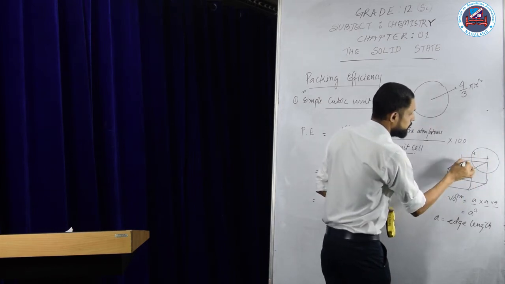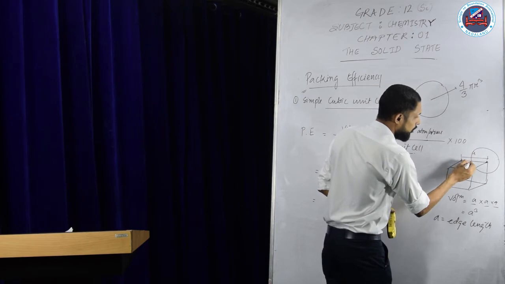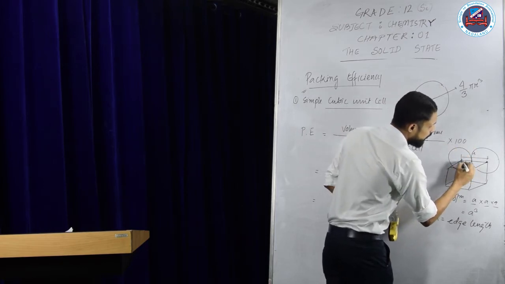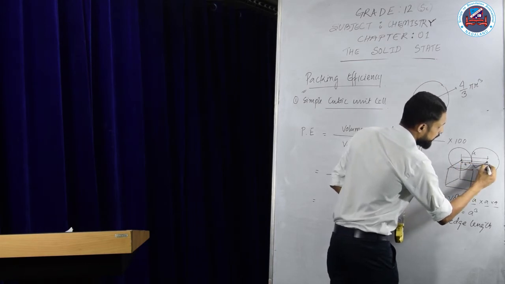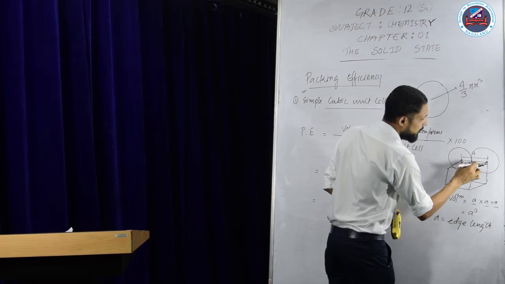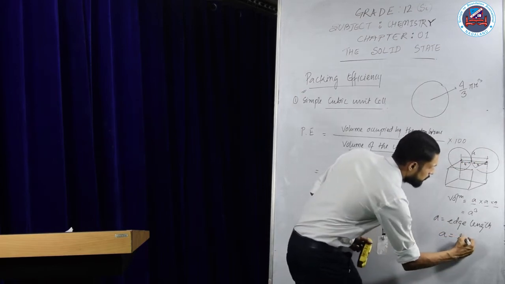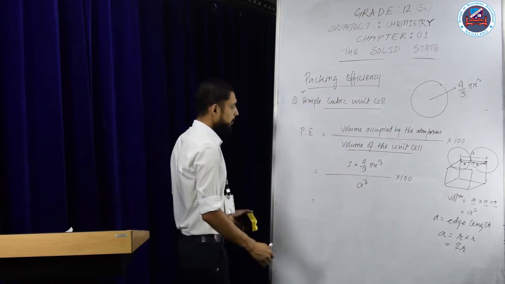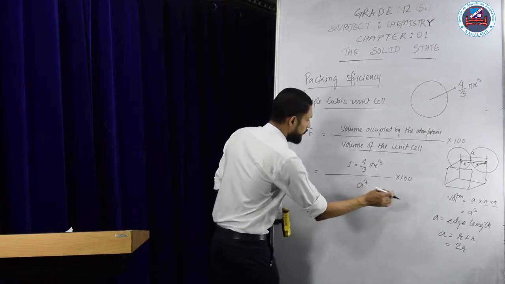So this is one atom for this corner. For this corner, so this is the atom. So if this is the radius of an atom, r, this is the radius of an atom, r, so a is equal to r plus r. That means a will be equal to 2r.